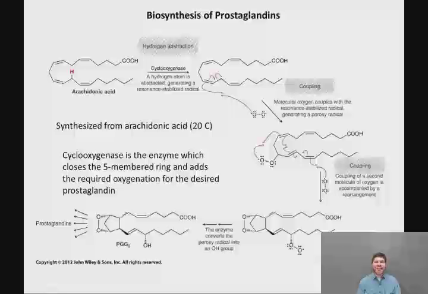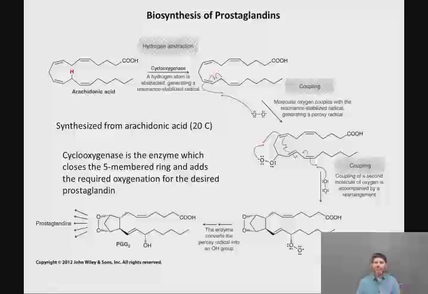And the way you make the 5-membered ring is through an enzyme called cyclooxygenase, which is sometimes shortened to COX.